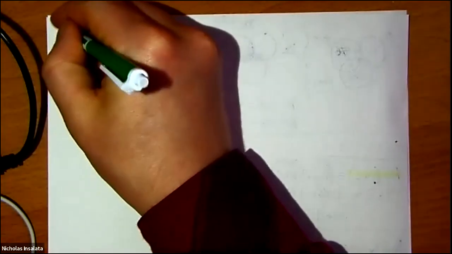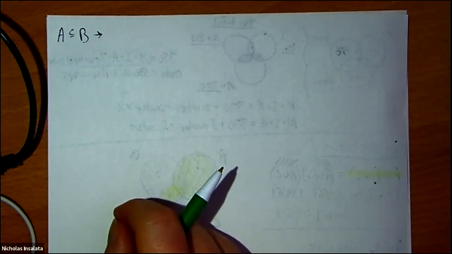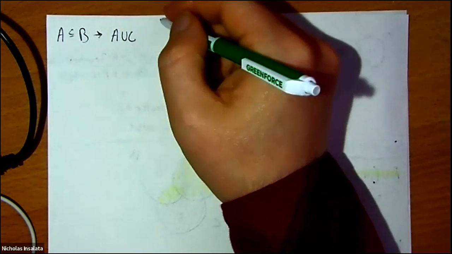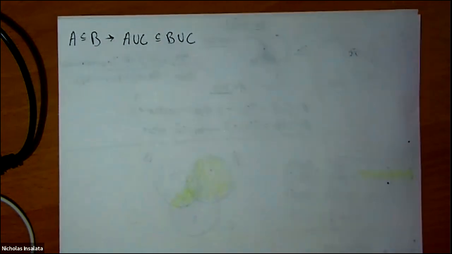Okay, so let's do this one. For sets A, B, and C, A is contained in B implies A union C is contained in B union C. Okay, so our options here are to use either a proof by Venn diagrams or a proof by elements.